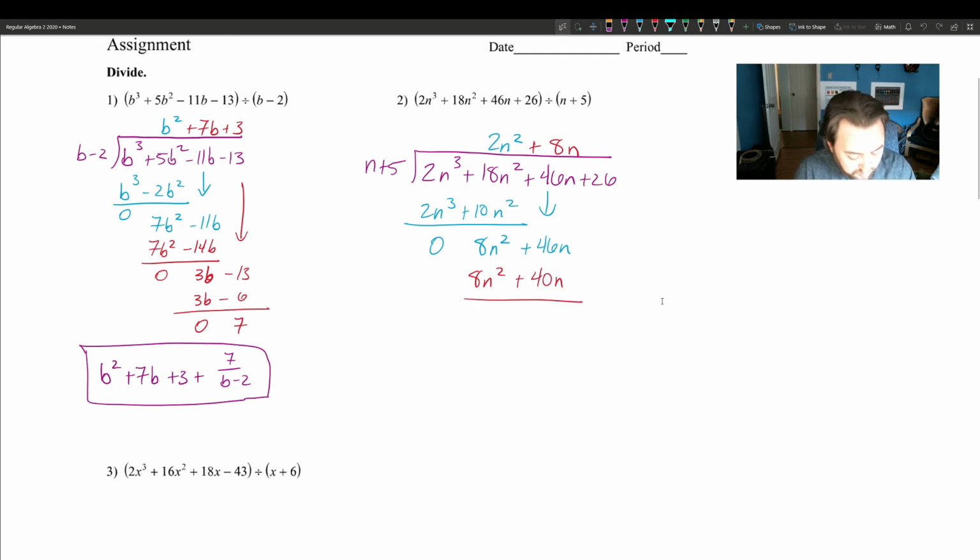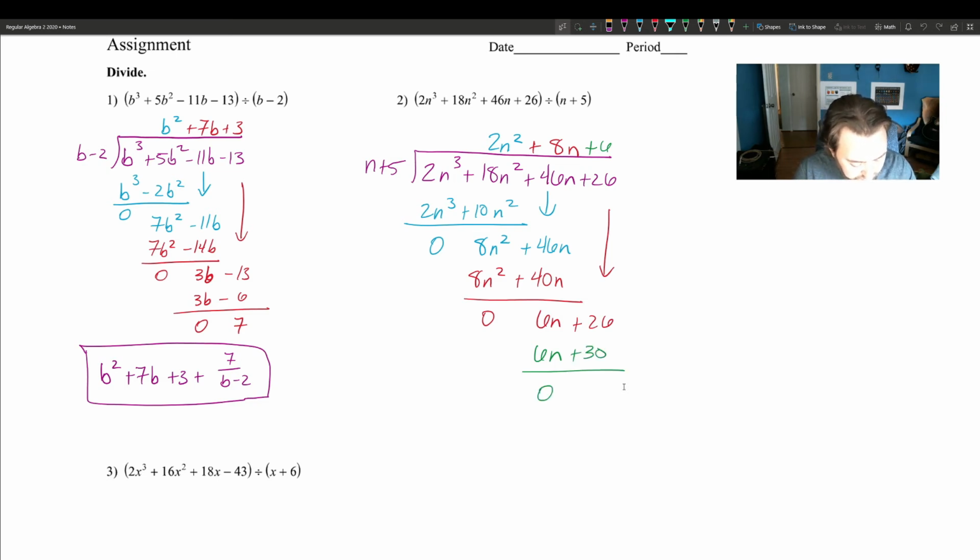We subtract those, we get our 0. 46 minus 40 would be 6n. And we'll drop down our last term, which is 26. Okay, I want n to match 6n, so we're going to do plus 6, and that'll give us 6n. And 6 times 5 will be 30.